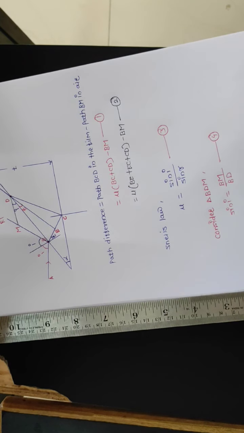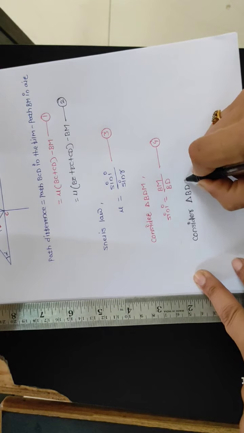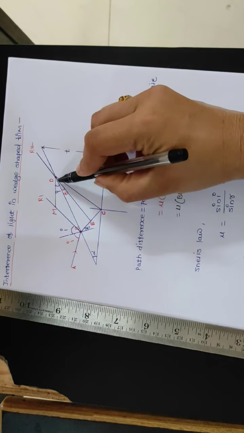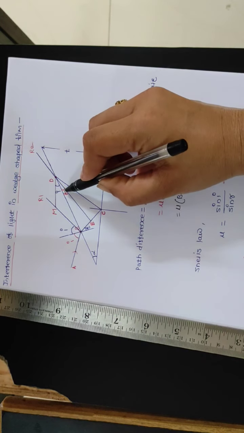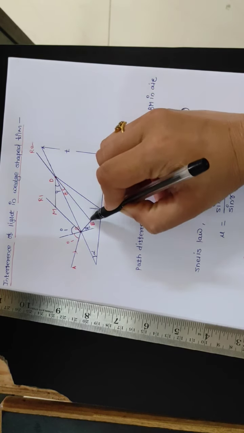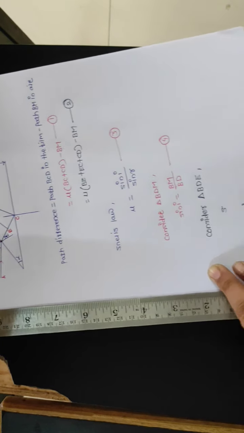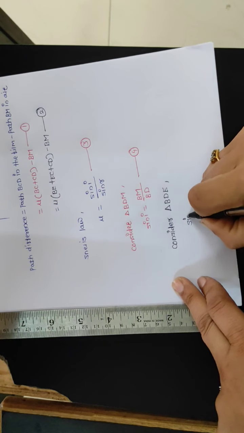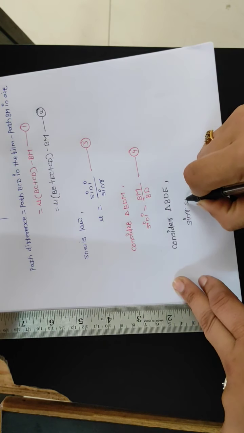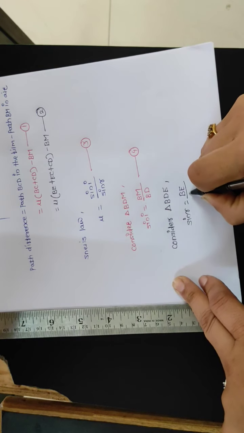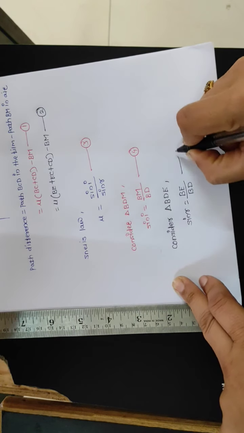From that triangle BDE, sin r is equal to BE divided by BD. So we can write sin r is equal to BE divided by BD. Give the next equation number 5.